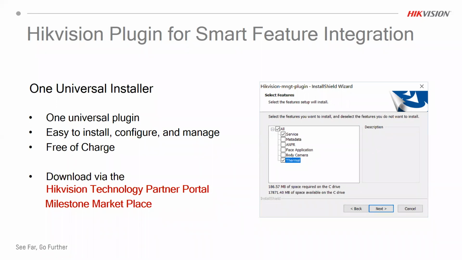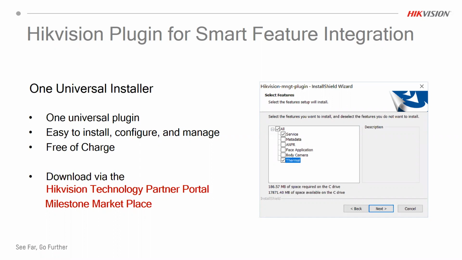So following on from what Mike has previously mentioned in previous slides, in order for us to achieve a number of the supported smart features and functions mentioned, we need an interface between our two technologies, which we call a plugin. You simply require one installer package for all plugins. The plugin includes the metadata, ANPR, facial rec application, and thermal information to be passed into the XProtect platform.